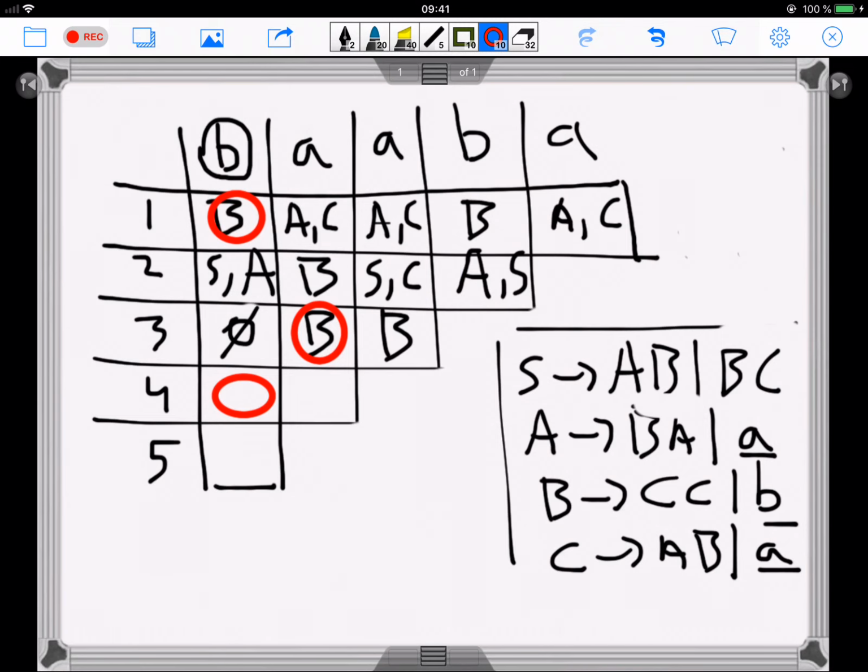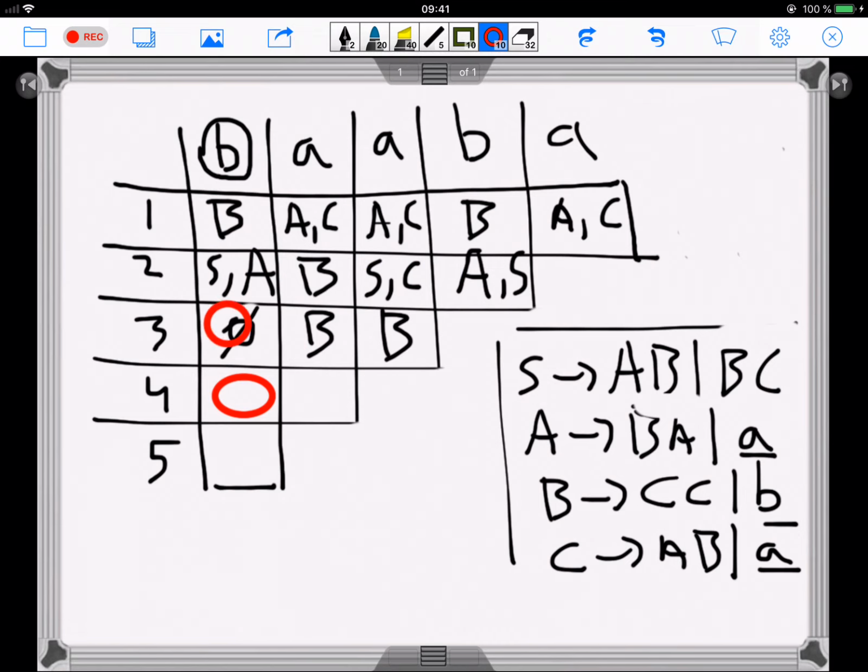Okay, so BB is not generated, or SA with SC, but again SS is not generated, SC is not generated, AS, AC, none of those pairs are generated, so we do not write any variable yet.